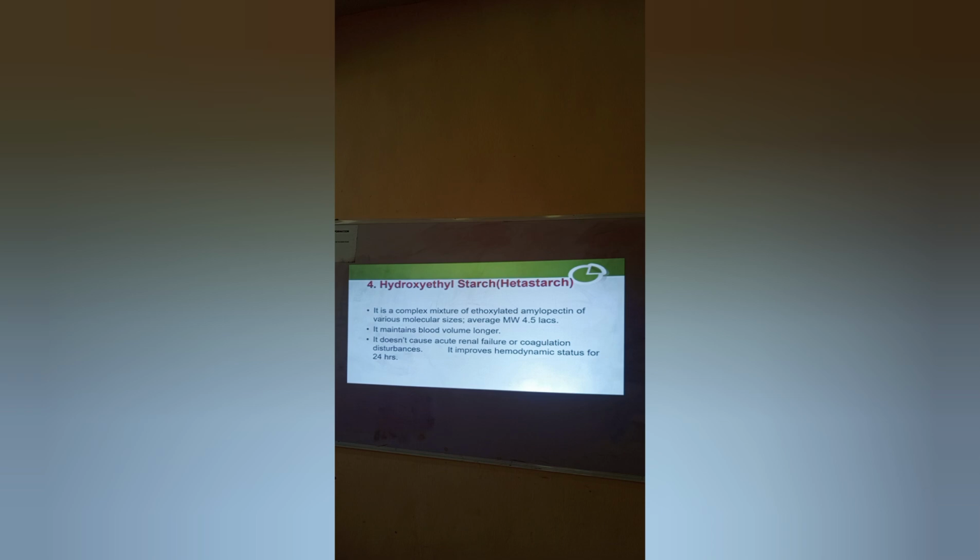Another plasma expander is hydroxyethyl starch, also referred to as hetastarch. It's a complex mixture of hydroxyethylated amylopectin of various molecular sizes. Amylopectin is a complex branched polysaccharide with glucose as the building block unit.